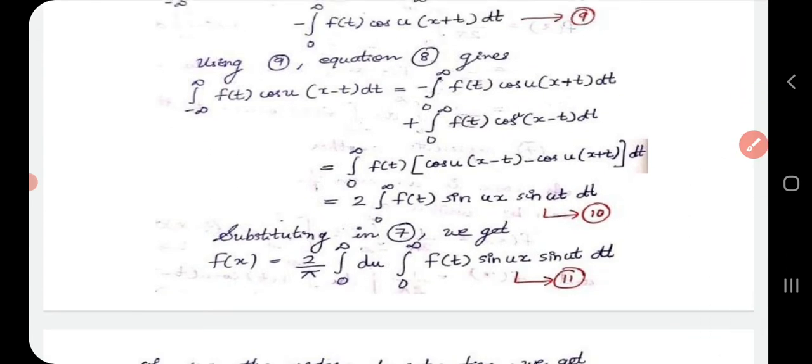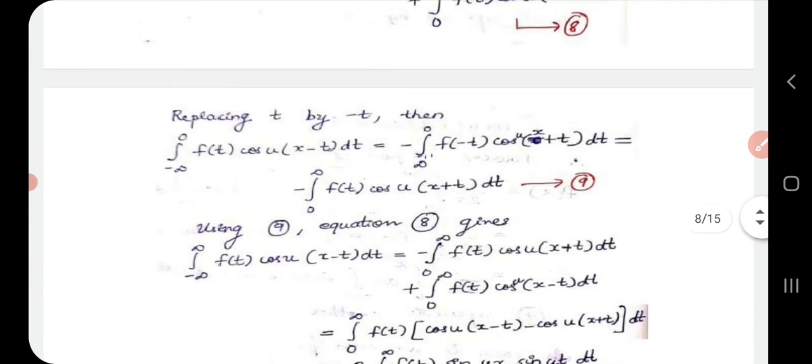Now substitute this one in equation 7. What will that be? f of x will be 2 by pi integral 0 to infinity du integral 0 to infinity f of t sin ux sin ut dt, which is your equation 7.